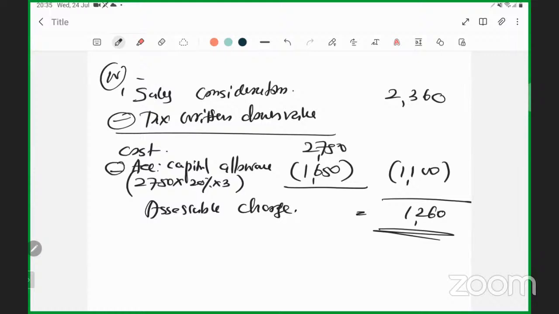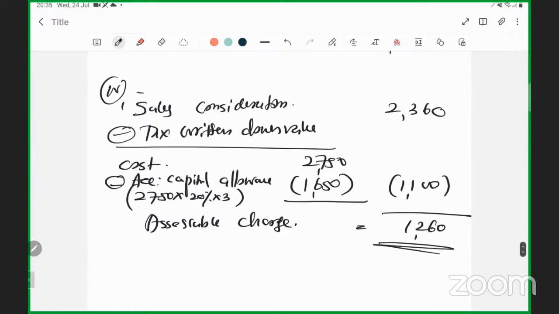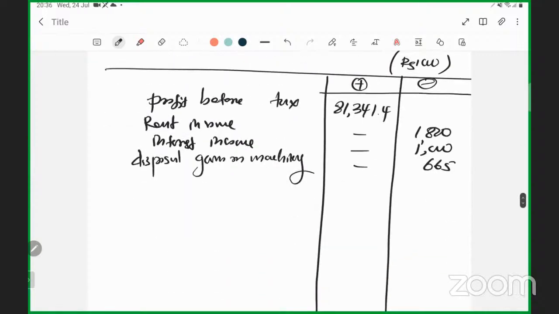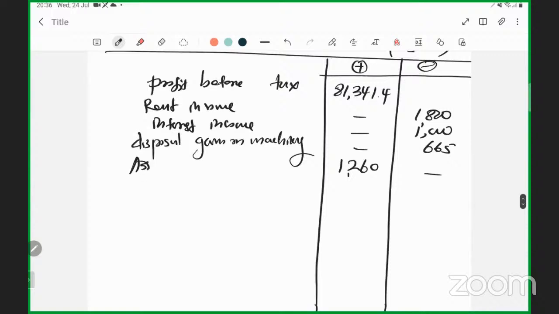The assessable charge is 1,260,000. This assessable charge is the gain as per taxation, so you add 1,260, because we removed the gain as per the accounts. That is the assessable charge.